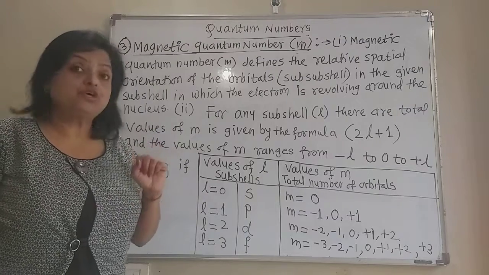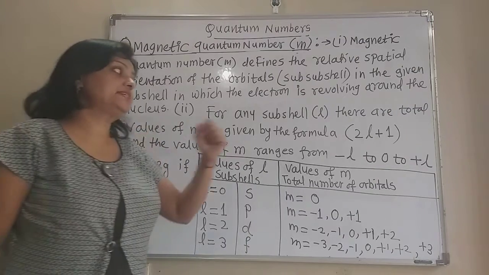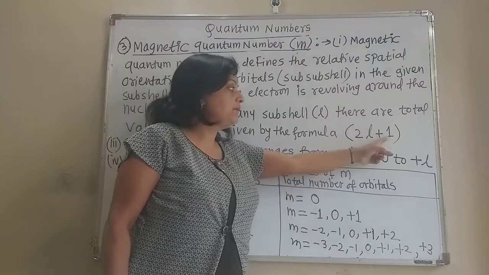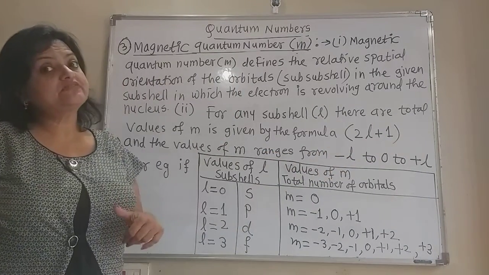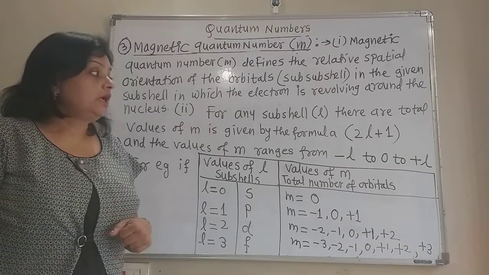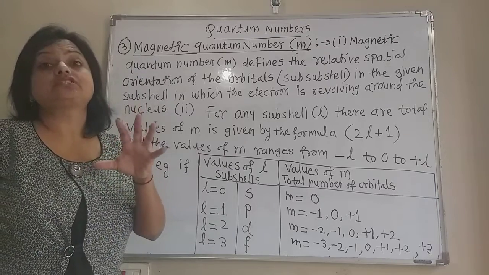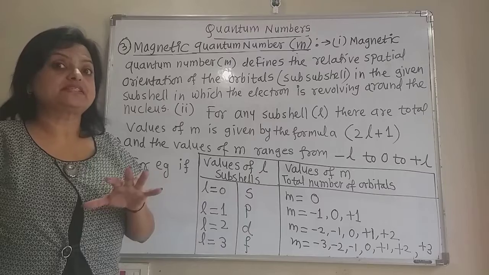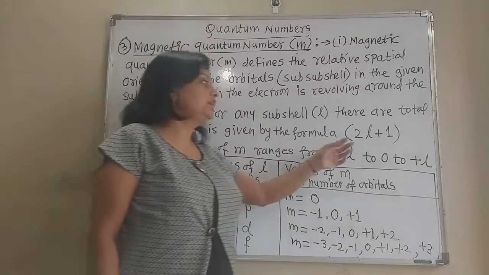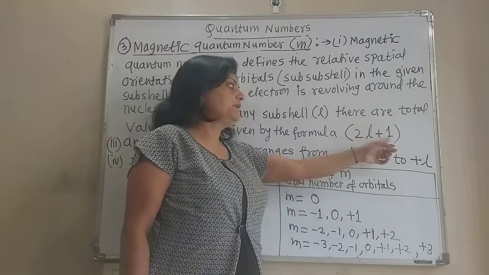If L is equal to 1, then there are 3 orbitals: 2 into 1, 2 plus 1, that is equal to 3. If L is equal to 2, then there are 5 orbitals in that subshell: 2 multiplied by 2 is 4, plus 1, 5.